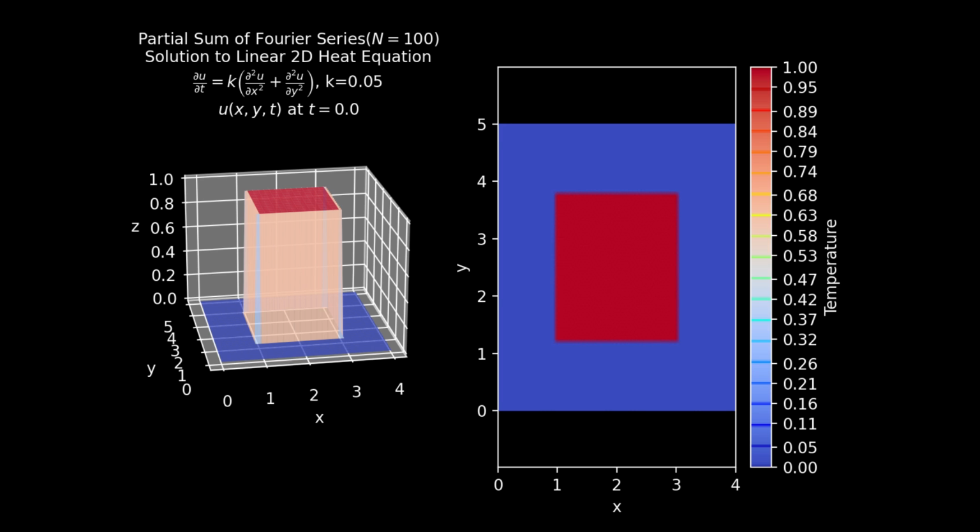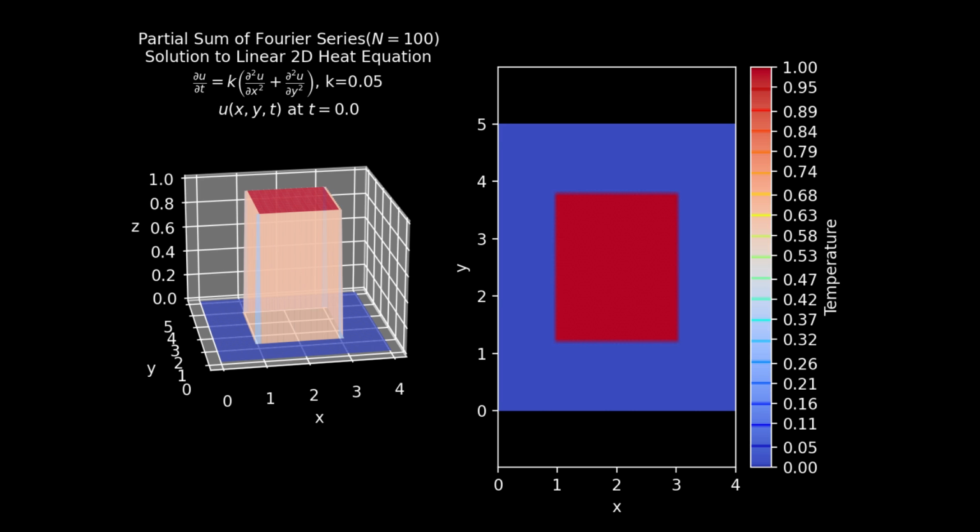Before getting into any calculations or the derivation, I'm going to give you a motivating thought. Suppose you have a temperature distribution in 2D, so a 2-dimensional plate, say, where the middle of the plate has a temperature of 1 and the other portion of the plate has a temperature of 0. So the red square here on the right has a temperature of 1, and the blue portion of this region has a temperature of 0.